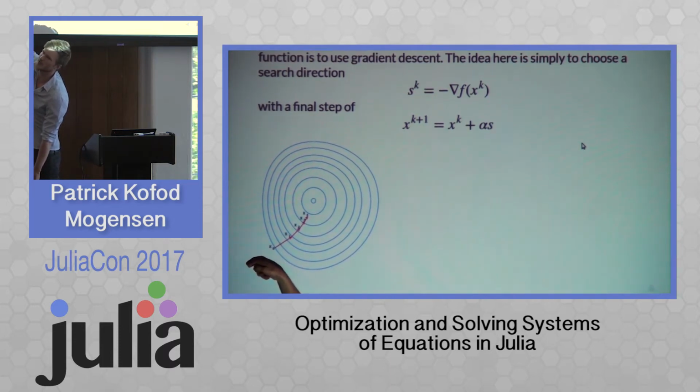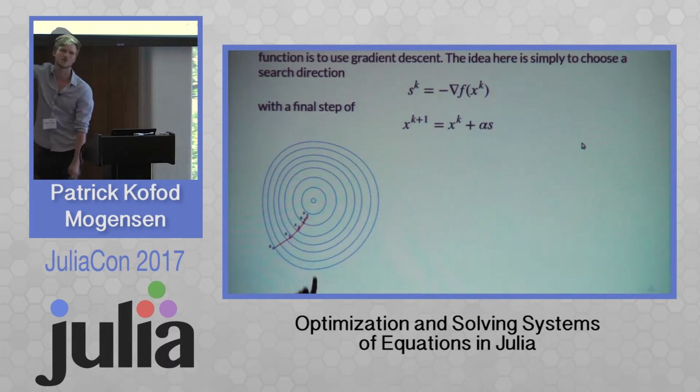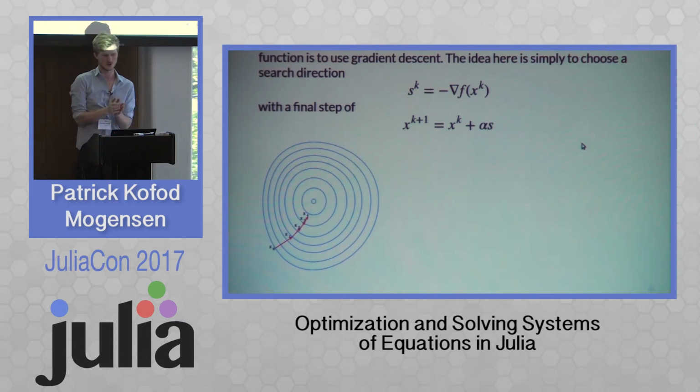So the method of gradient descent is simply to go in the opposite direction of the gradient, right? The gradient tells you partially in each direction how much the function increases. So if it increases, you should go in the opposite direction. If the gradient is negative, you should follow that direction. So that's the method of gradient descent.